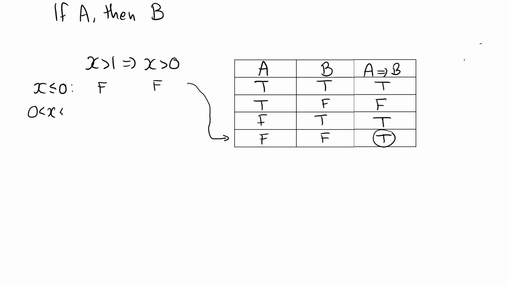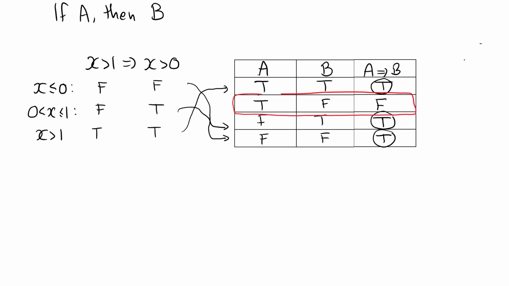If x is greater than 0 but less than or equal to 1, then A is false while B is true and the implication is again true. If x is greater than 1, then A and B are both true and the implication is true. There is no value for x which will land us in the row which would make the implication false.